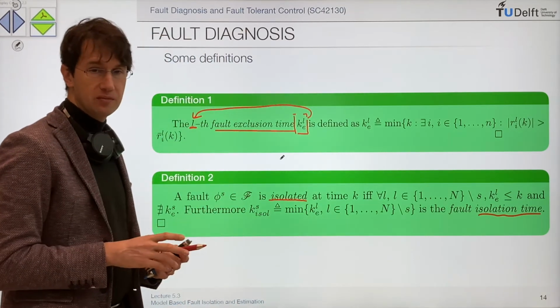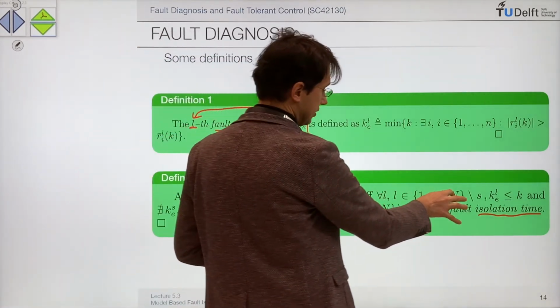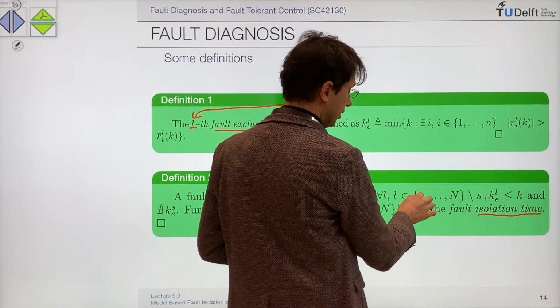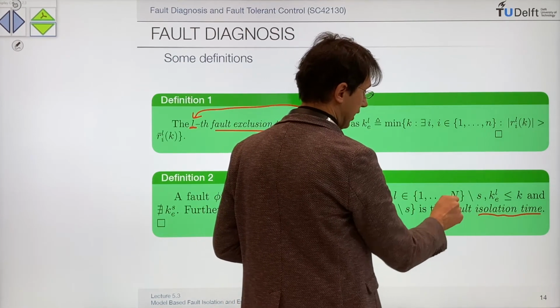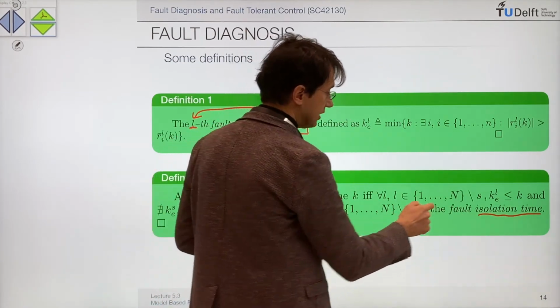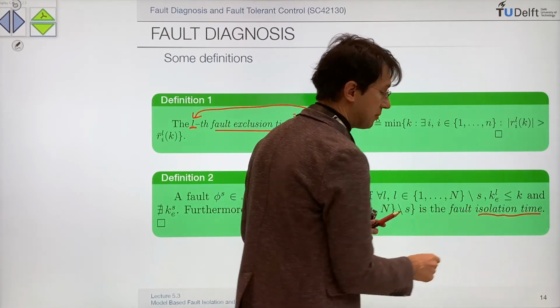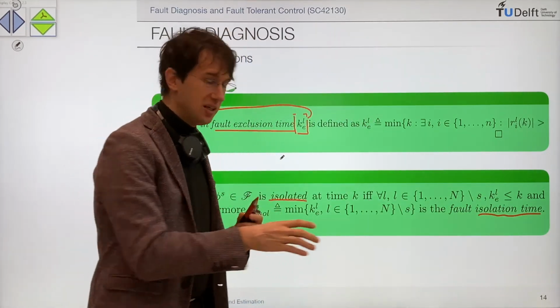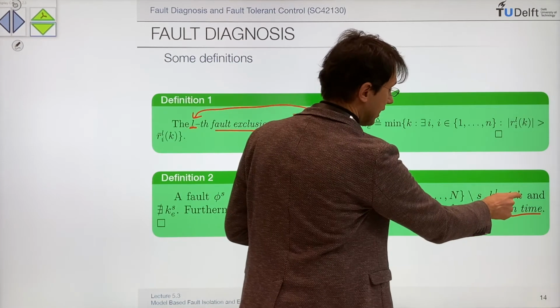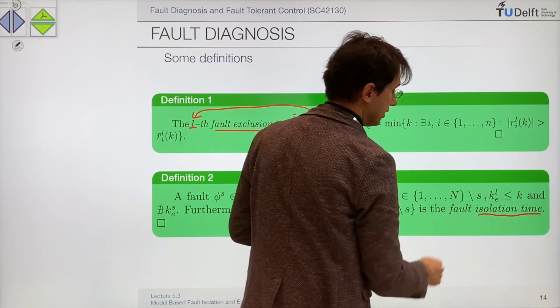If for all the others, so for all the L belonging to 1 to n except S, we have that their exclusion time already occurred. So this is a way to say that at time k, all the others have been excluded.